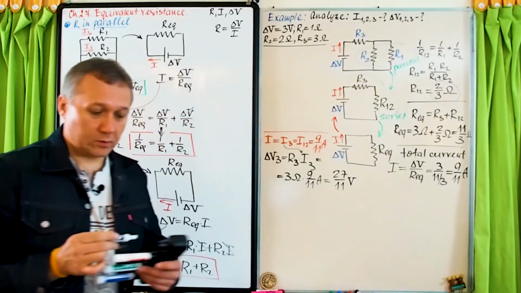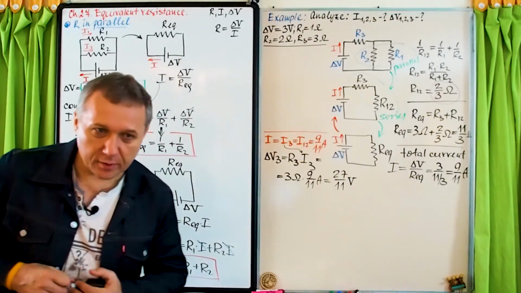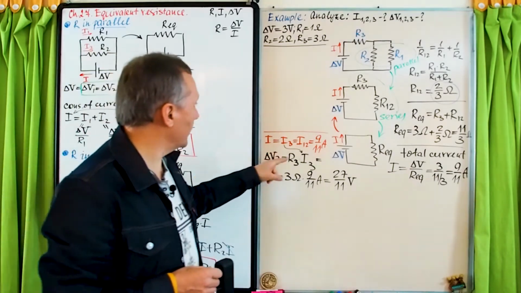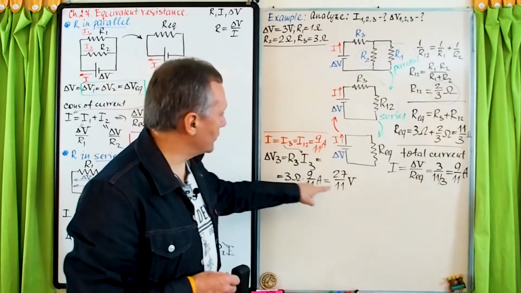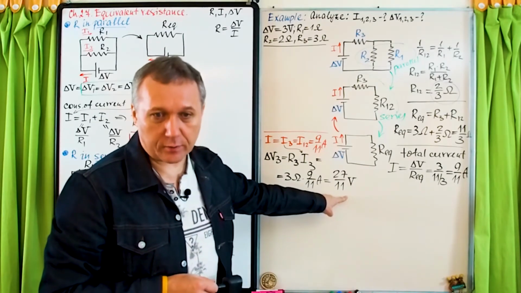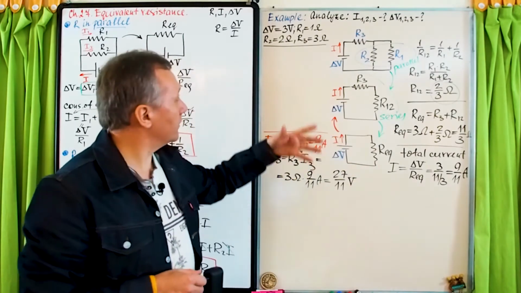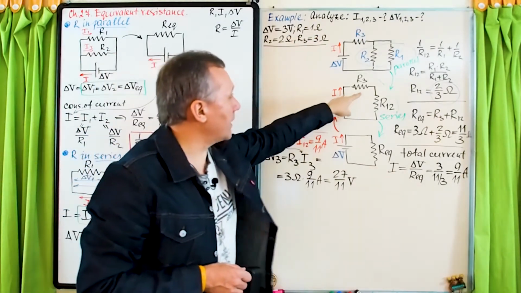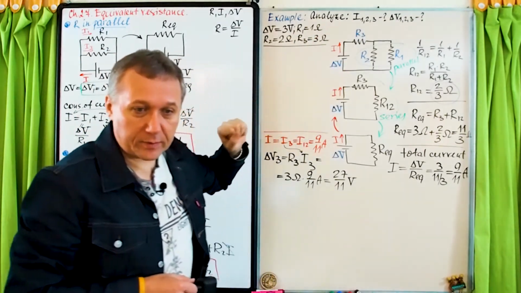So now we know everything about resistor R3. We finished analyzing resistor R3. We know its current, we know its potential difference across, and the value of the resistor R3 was given from the very beginning. So we finished analyzing R3.